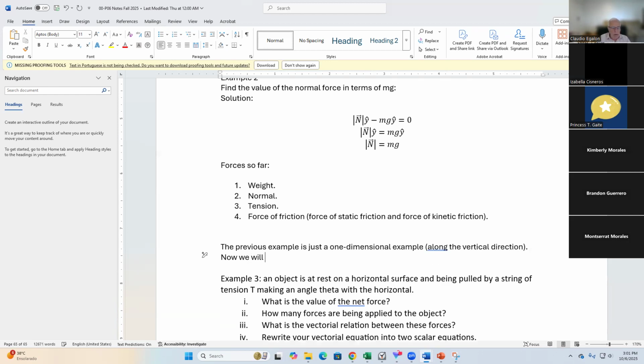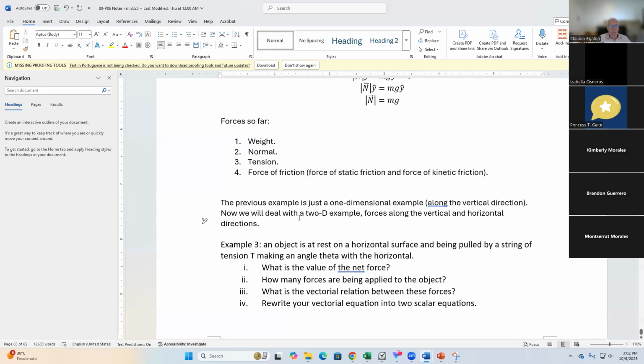Now we will deal with a 2D example. Forces along the vertical and horizontal directions. Objects at rest. Okay, solution.